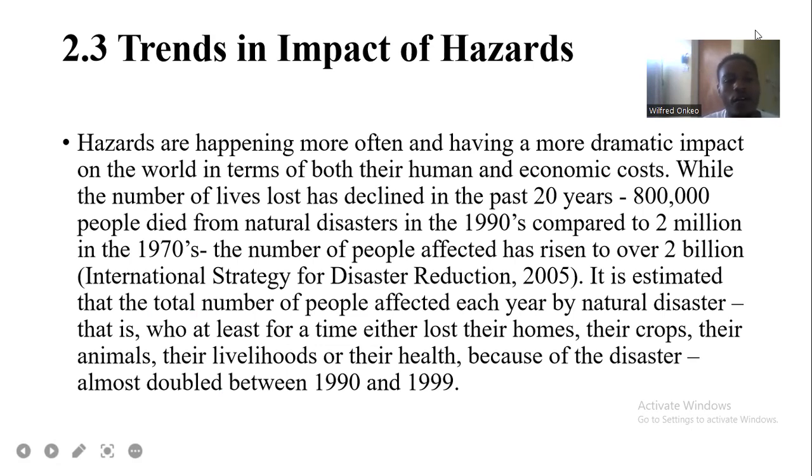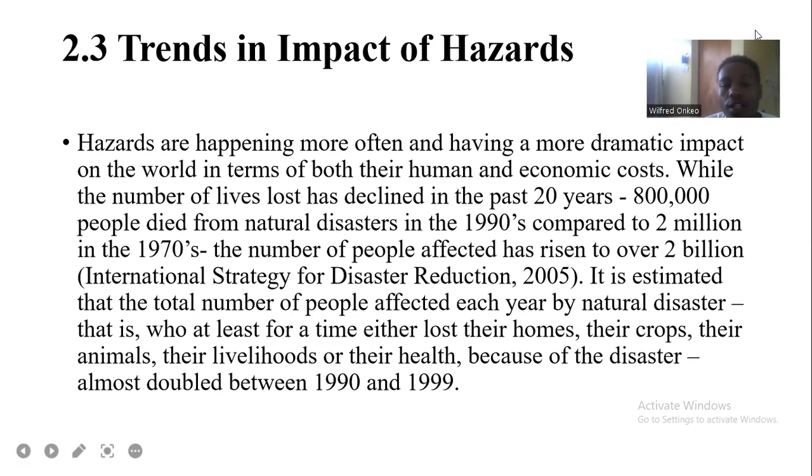The number of lives lost has declined in the past 20 years: 800,000 people died from natural disasters in the 90s compared to 2 million in the 1970s. So it has declined from 2 million to 800,000. The number of people affected has risen to over 2 billion.